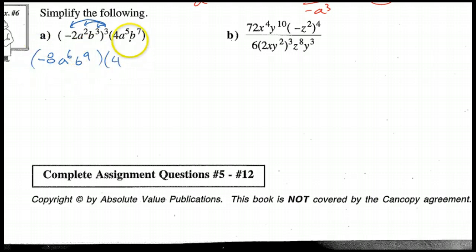This bracket does not have an exponent, so I'm going to rewrite it. Here we go. Negative 8 times 4, now I can do that. That's negative 32. Those are gone. I have 6 a's here times 5 a's, gives me a total of 11. b to the 16. Okay, so not so bad. It looked a little bit intimidating, but not so bad.